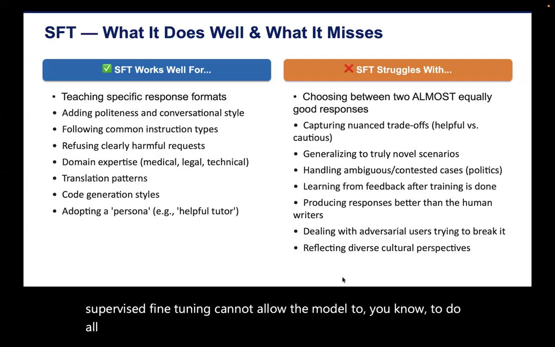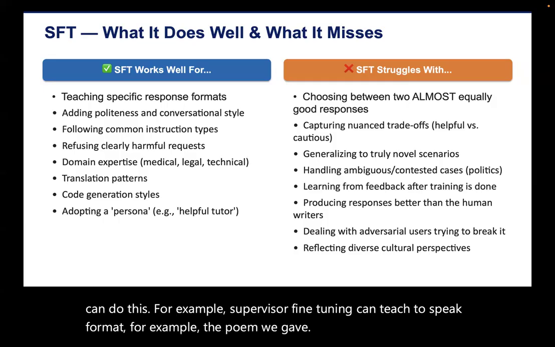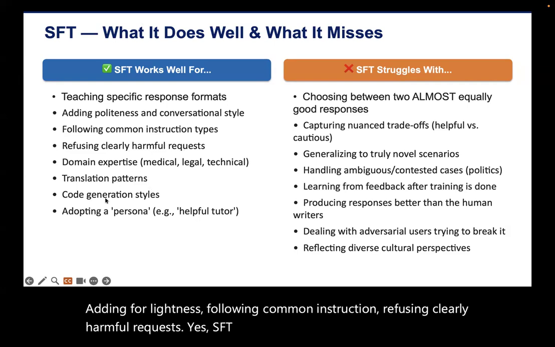You can see here what SFT can do. For example, supervised fine tuning can teach a specific format, for example the poem we gave, adding politeness, following common instructions, refusing clearly harmful requests. Yes, SFT will allow translation patterns, code generation. SFT can allow you to do that.